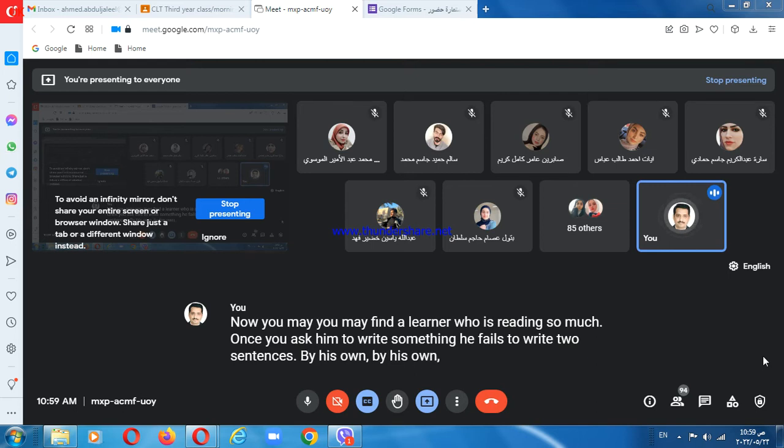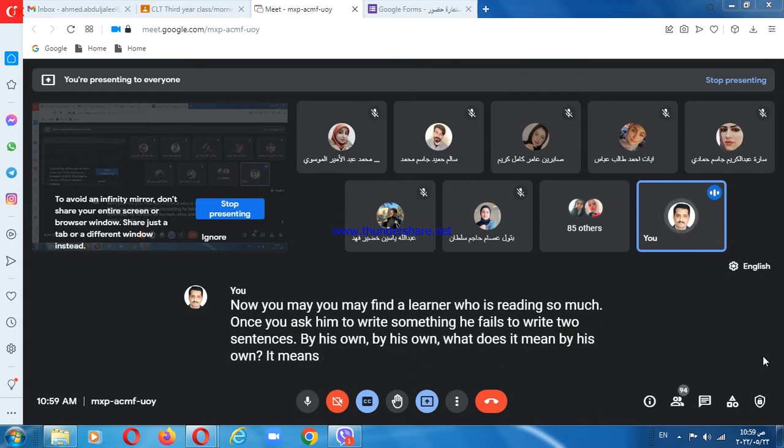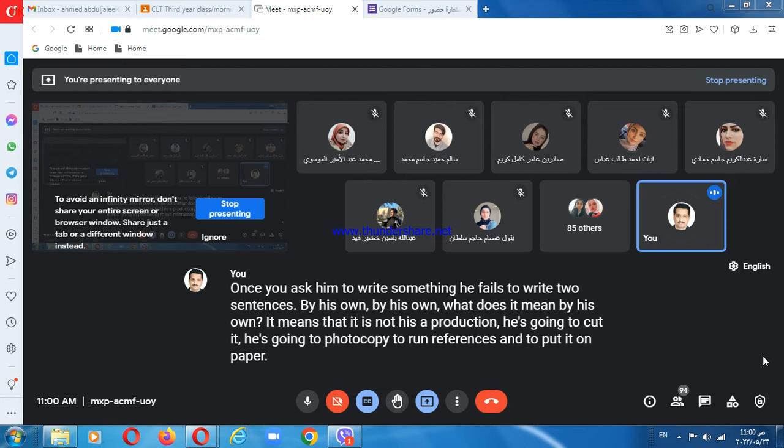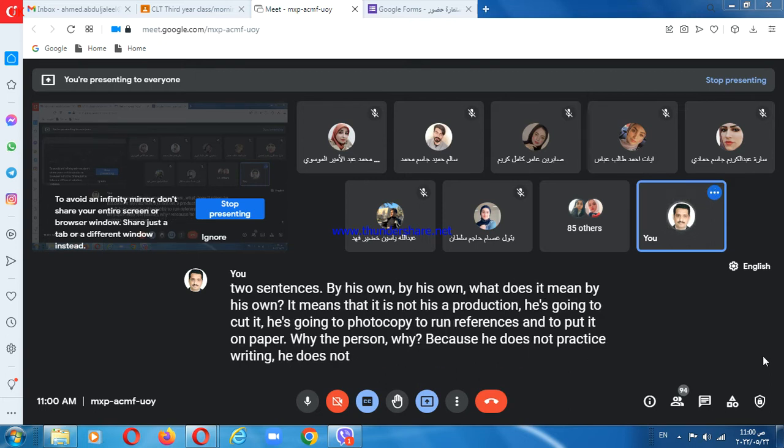What does it mean by his own? It means that it is not his production. He is going to quote it, photocopy it from references and put it on paper. Why? Because he does not practice writing. He does not develop writing.